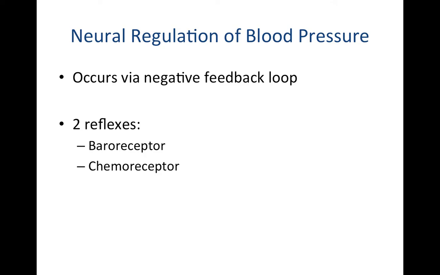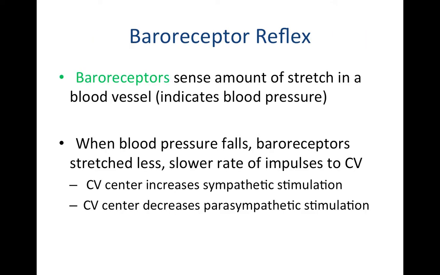For neuroregulation of blood pressure, you have two different reflexes, baroreceptor and chemoreceptor reflexes. Baroreceptors, as we just discussed, tell you how much stretch there is in a blood vessel, which is what indicates your blood pressure. Like when we were talking about systolic pressure, how much are those vessels being stretched? If your blood pressure falls, your baroreceptors aren't stretched as much, and so the rate of impulses sent to your cardiovascular center goes down.